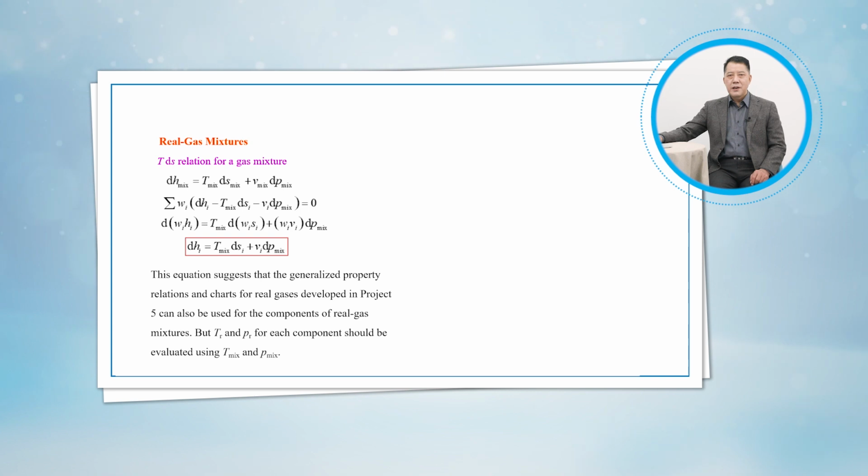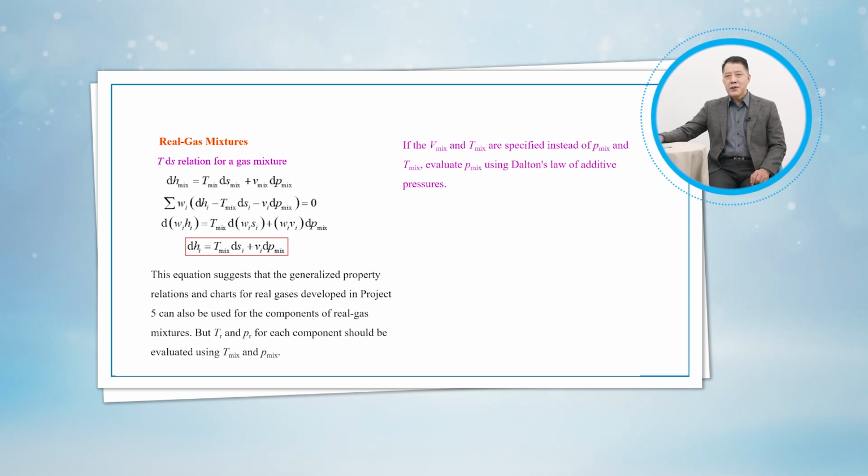This approach just described is somewhat analogous to Amagat's law of additive volumes, which holds exactly for ideal gas mixtures and approximately for real gas mixtures. Therefore, the mixture properties determined with this approach are not exact, but they are sufficiently accurate.